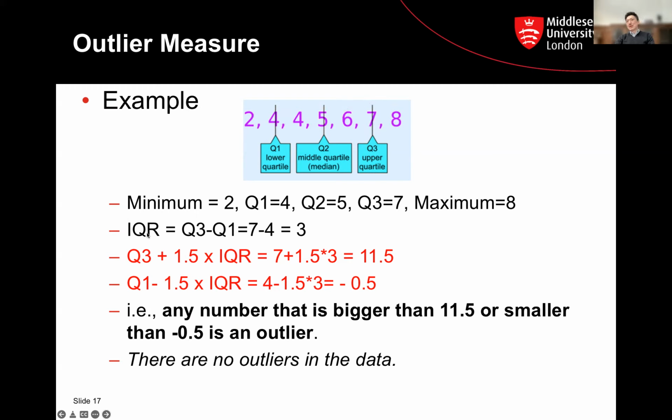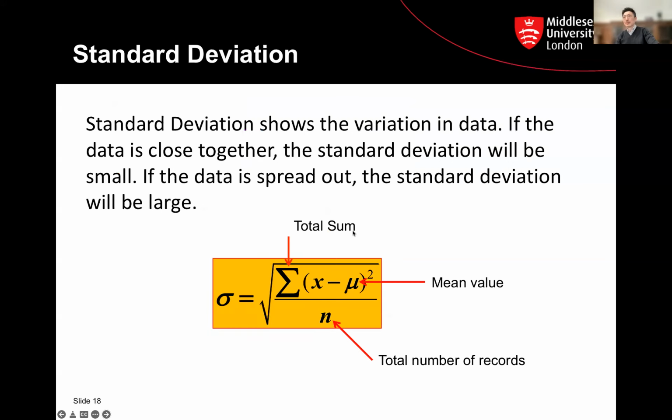So you take 4 minus 1.5 times the interquartile range, which is 3, and that gives you minus 0.5. So if any number is further outside, less than minus 0.5, it becomes an outlier. In this case, nothing is outside this range. There's no outlier.